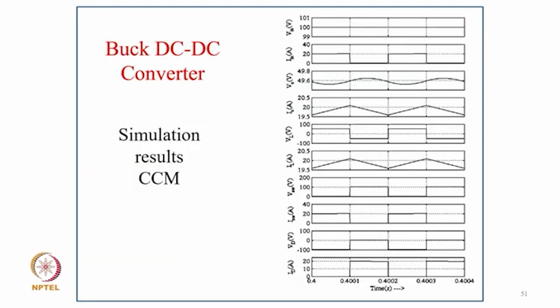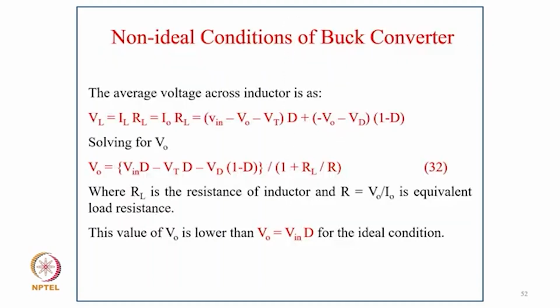These are typically the simulated waveforms of buck converter in continuous conduction mode, starting with input voltage, input current, output voltage, output current, and then inductor voltage and inductor current, switch voltage, switch current, diode voltage and diode current. Coming to this under non-ideal condition, the average voltage across the inductor is VL equal to IL into RL, that is IO into RL equal to (Vin minus VO minus Vt) into D plus (minus VO minus Vd) into (1 minus D).